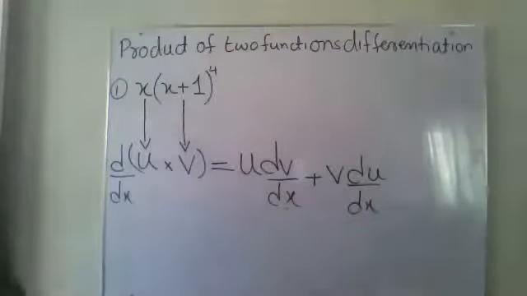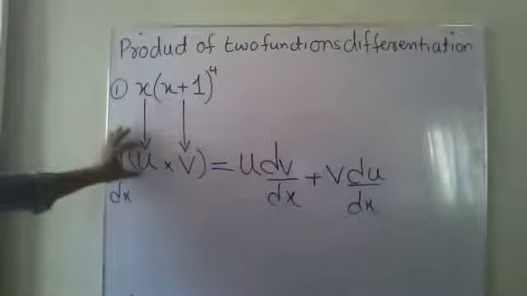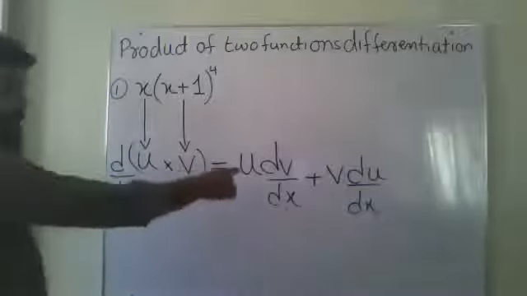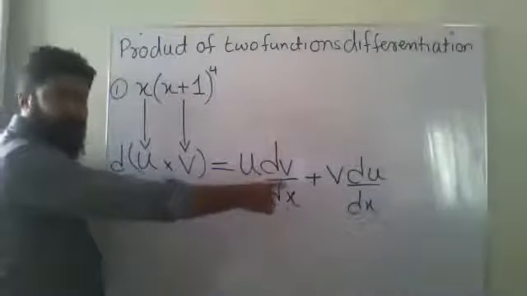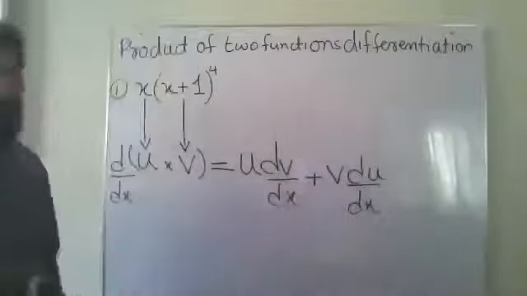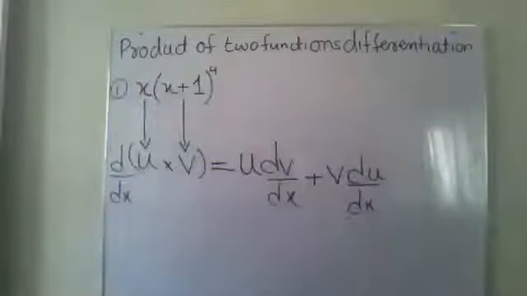The easiest thing you have to remember: differentiation of u into v, how am I going to differentiate it? u multiplied by the derivative of v plus v multiplied by the derivative of u. This is how we are going to complete this.